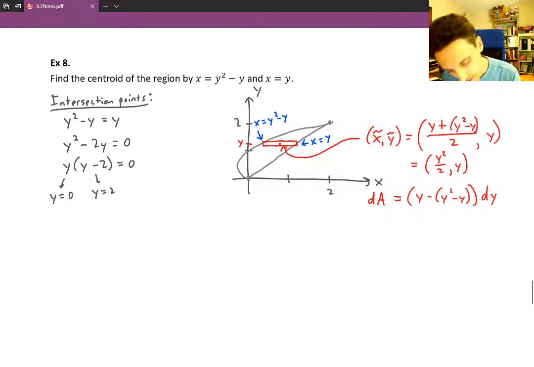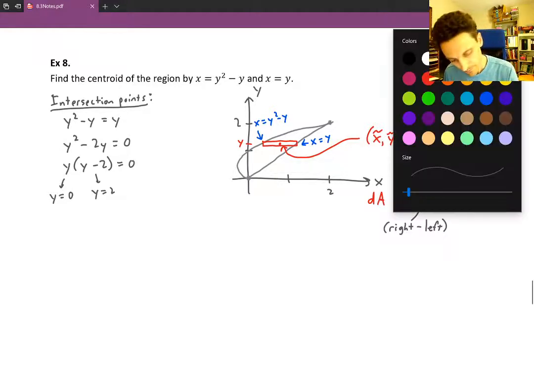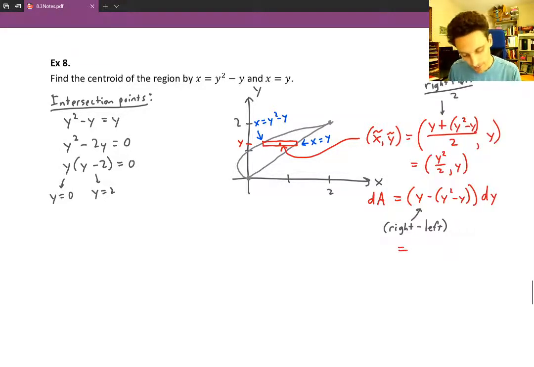So just to label these things, the x tilde we got from doing right plus left divided by 2, the average of the right and the left x values. dA we got from doing right minus left. Now we could simplify a little bit because we have a y minus negative y, so that's going to be 2y minus y squared dy. So there's our dA.